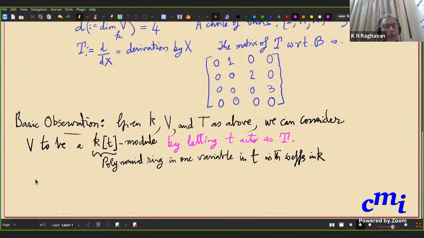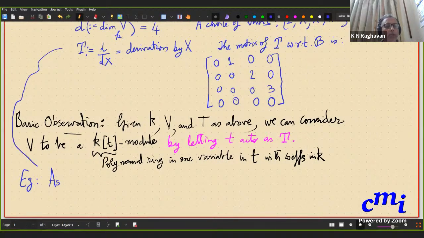So let's go back to this blue example as above. Let's just take this.